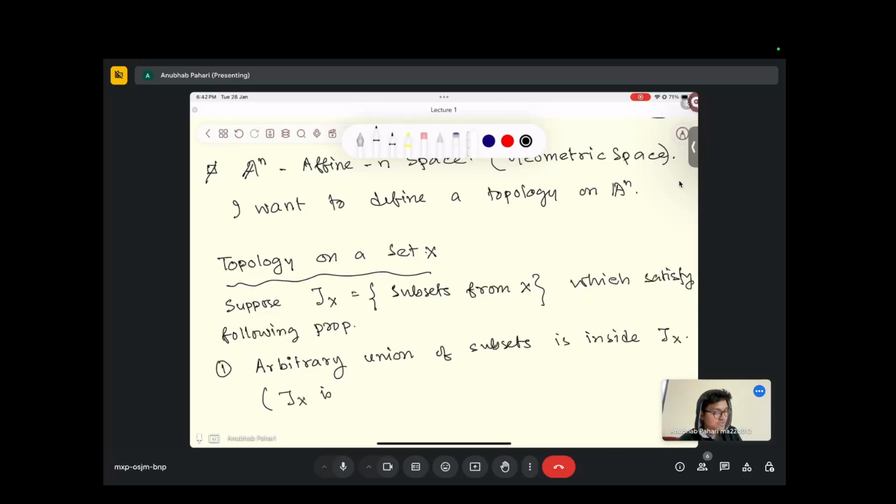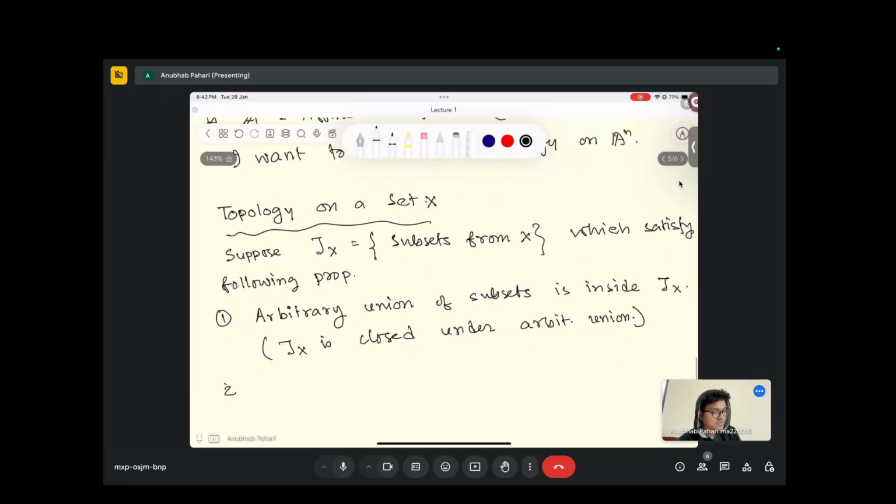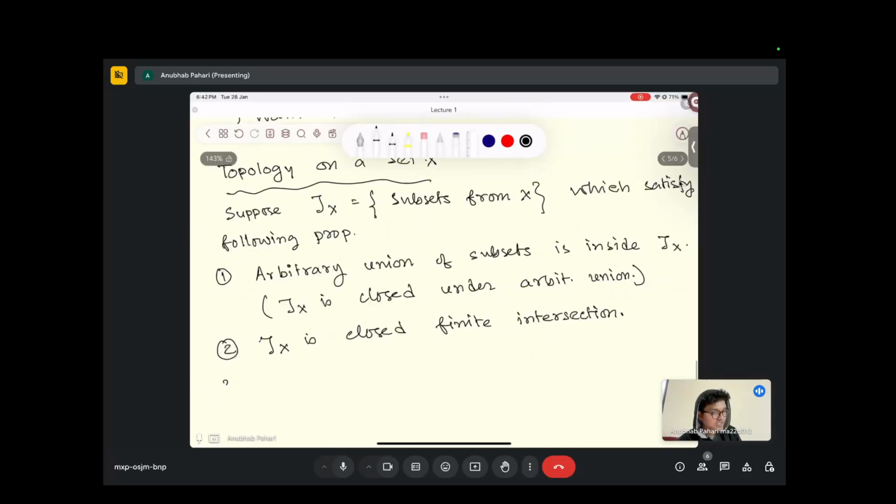Second, tau X is closed under finite intersection. And third, both phi and the whole set X belong to tau X.